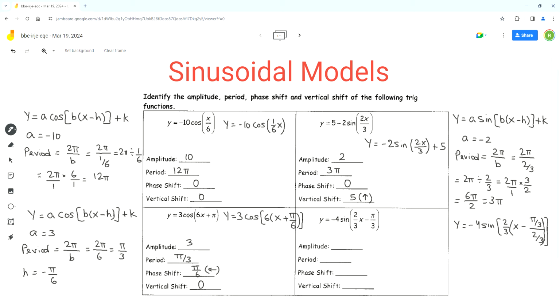Now we can simplify this expression. So pi over 3 divided by 2 over 3. We can first change it into a division statement. Now we can change it into a multiplication statement.